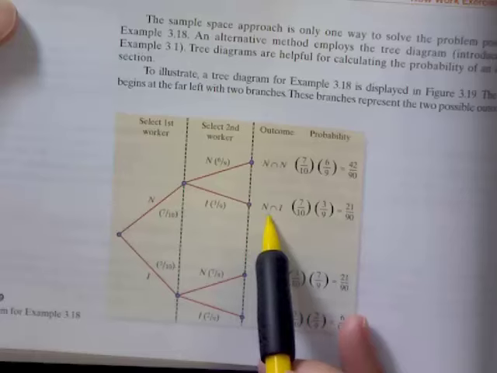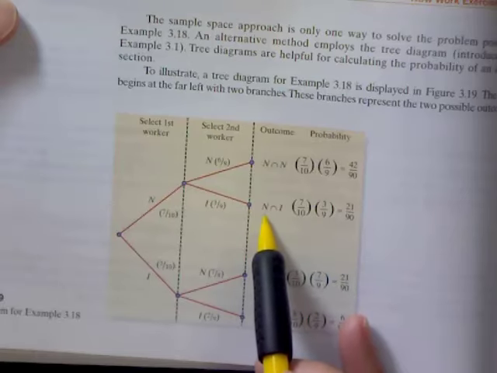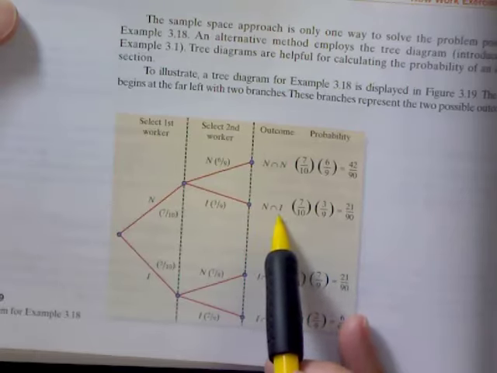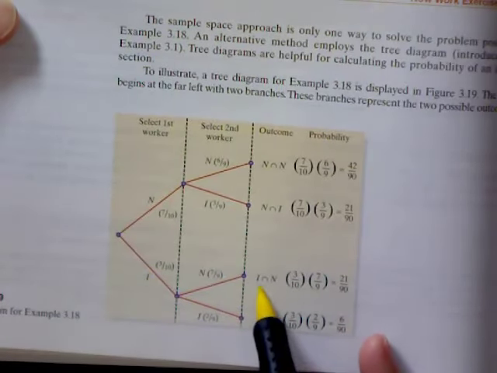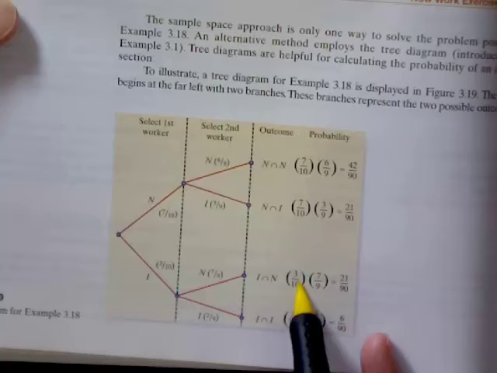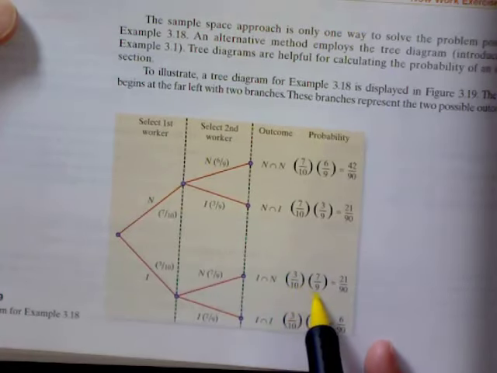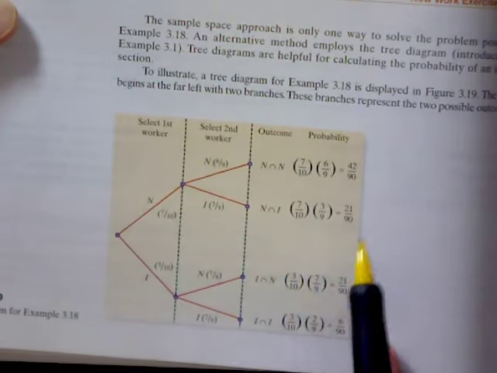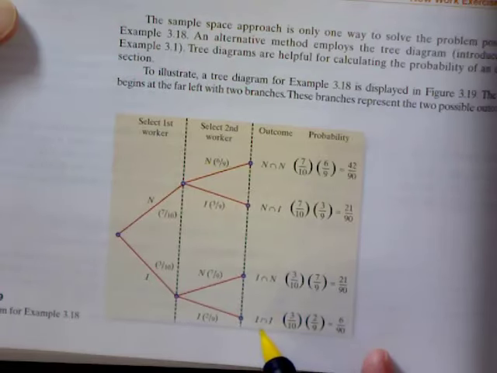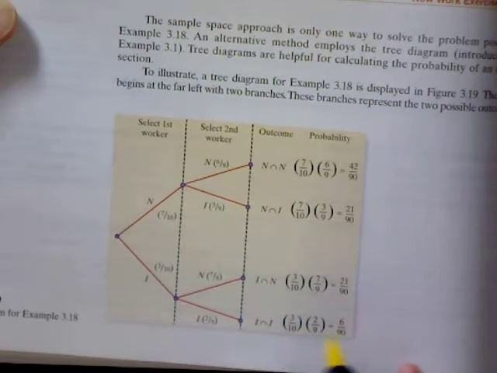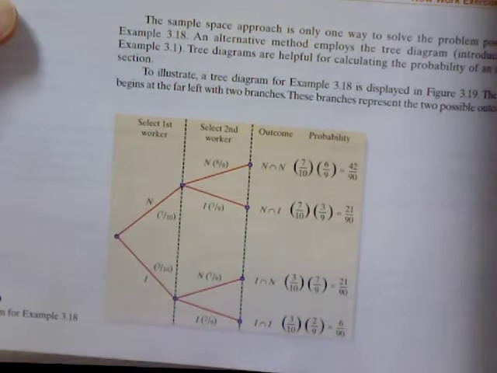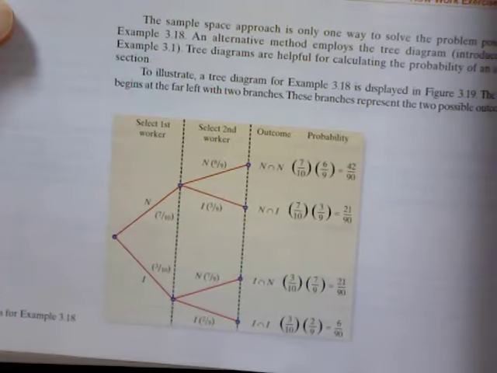Here's the probability of the first one does not and the second one does. Here's the probability of the first one does give illegal and the second one does not. And here's the probability that they both do. So it's 3/10, and now here I've already selected one, so that's 2/9. These tree diagrams can be helpful for having you understand what's going on.